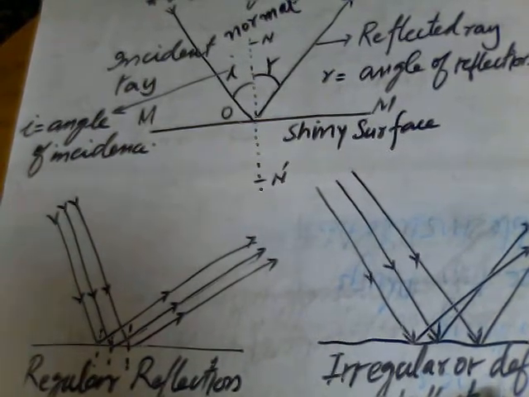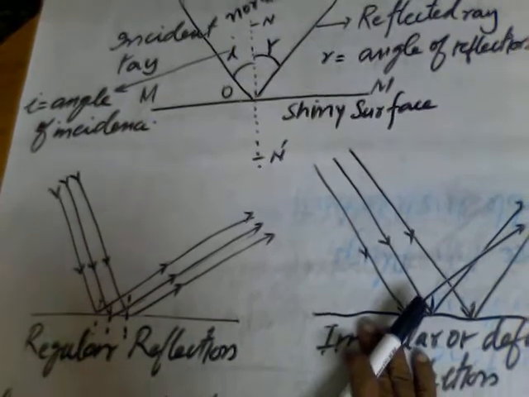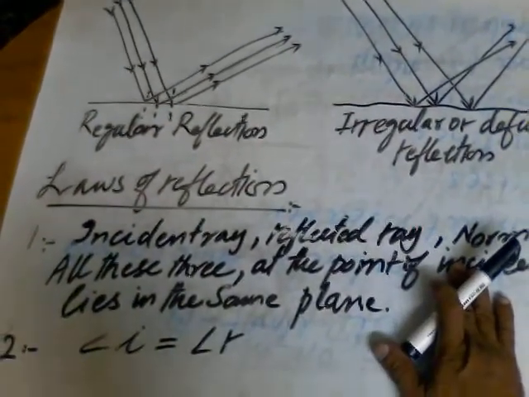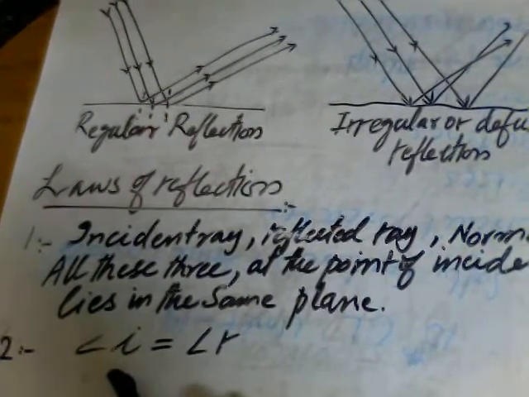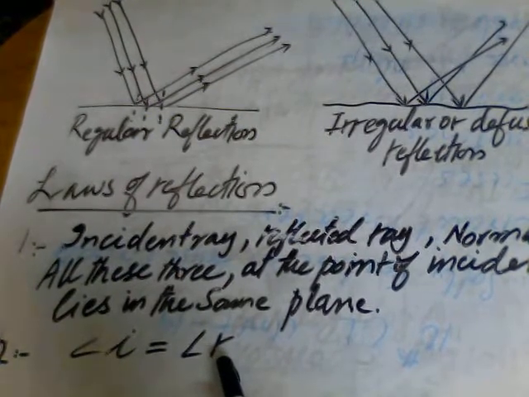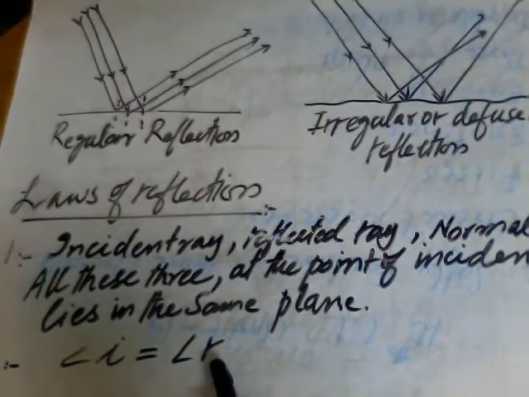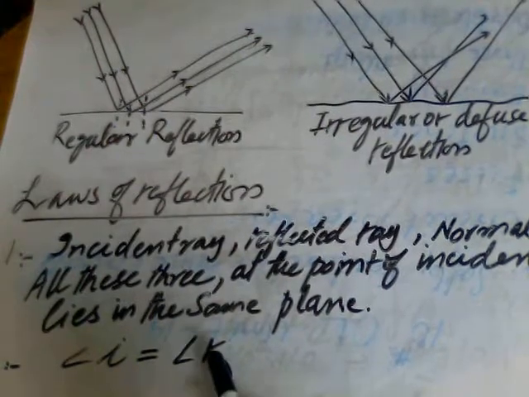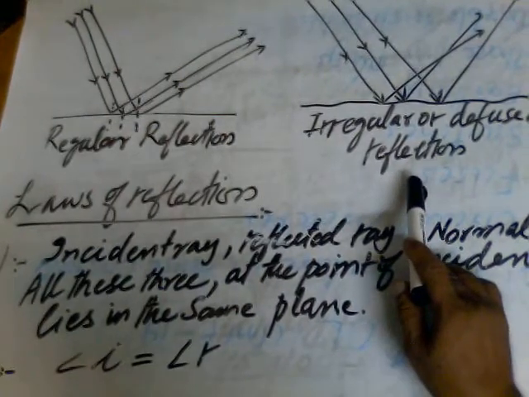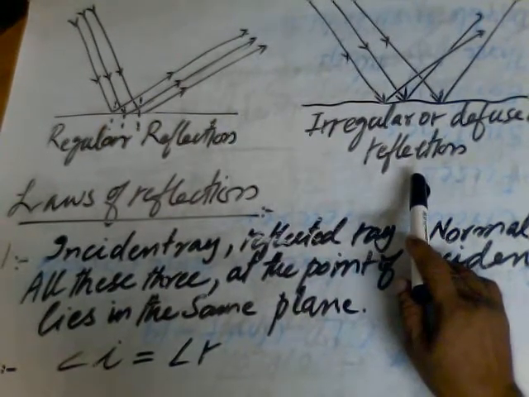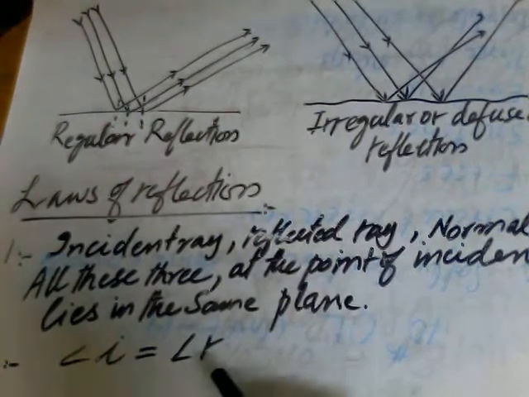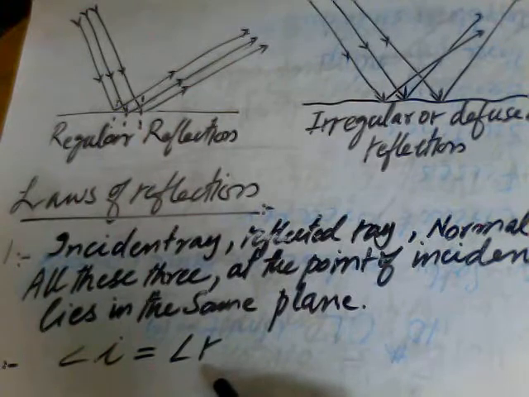In both cases, the value of the angle of incidence and the value of the angle of reflection are both equal. Once again, even if the reflection may be regular, may be diffused or irregular, the second law says angle of incidence is equal to angle of reflection.